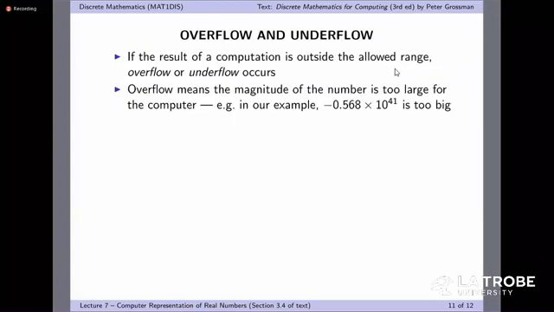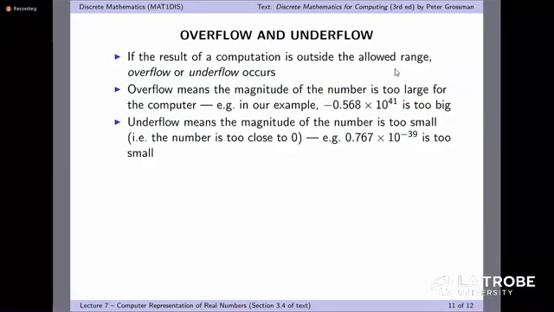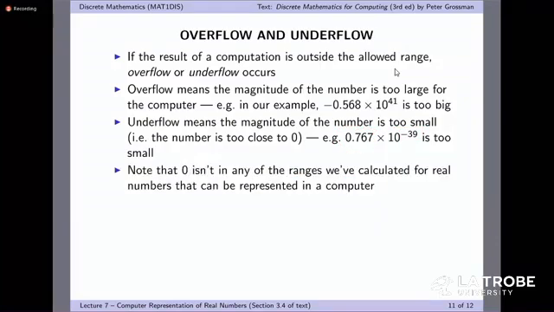For example, if this number is too large on a 32-bit computer, the maximum power it could have is 39, not 41. Similarly, underflow: if the power is negative 39 but the number is outside the range, it has to be close to 0.29 or something. That is too small for a computer to handle. So it's an underflow problem.